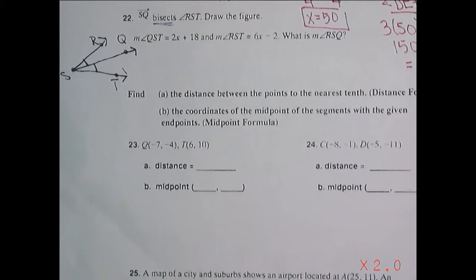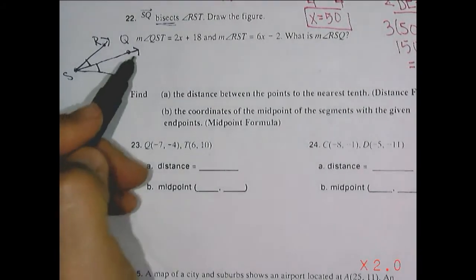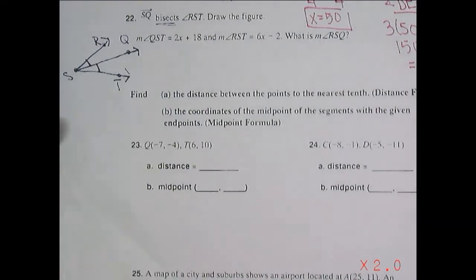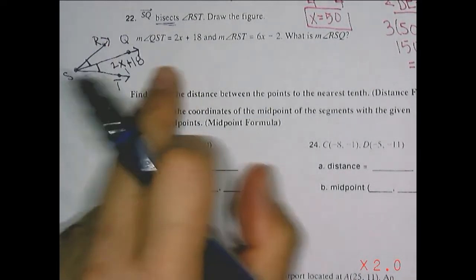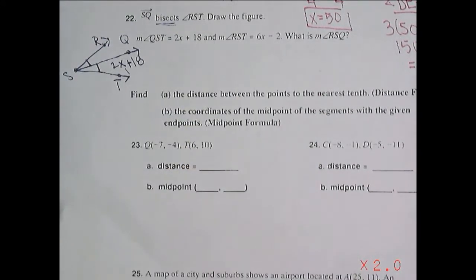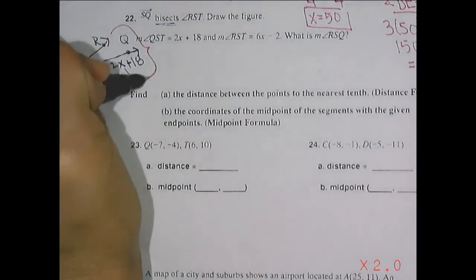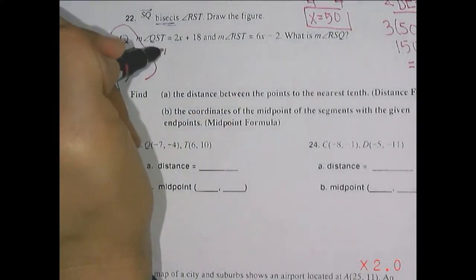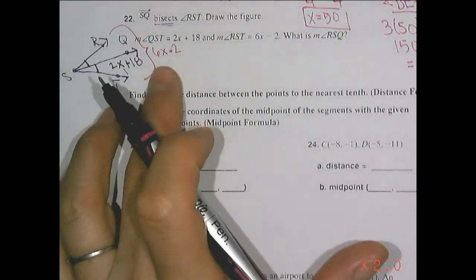They say that QST, this angle right here, is equal to 2x plus 18. All right, and then they say that RST, the entire angle, is equal to 6x minus 2. All right, guys, we've talked a lot about this.